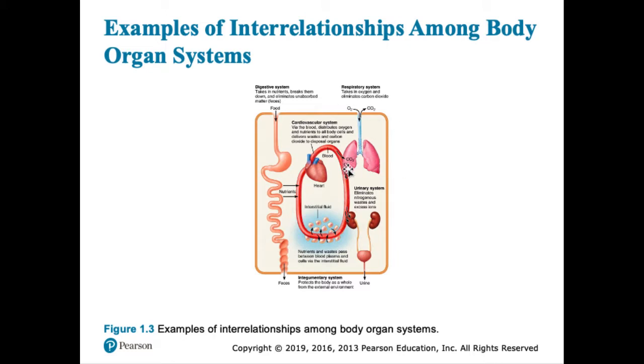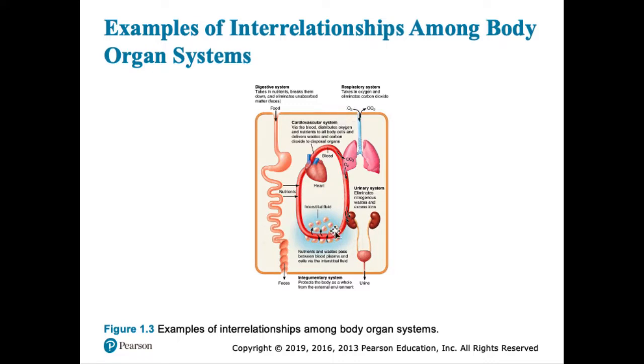The circulatory system and the respiratory system rely heavily upon each other, right? So that cardiovascular system requires oxygen to be delivered to it from the respiratory system so that it can distribute it through the body. And of course, the respiratory system needs the circulatory system to move it, but not only to get that carbon dioxide back, and so that we can expel it out. We couldn't expel carbon dioxide out and oxygen in if we didn't have the integumentary system.